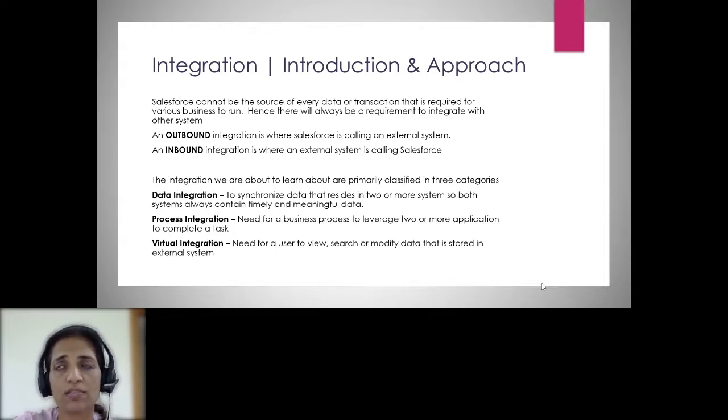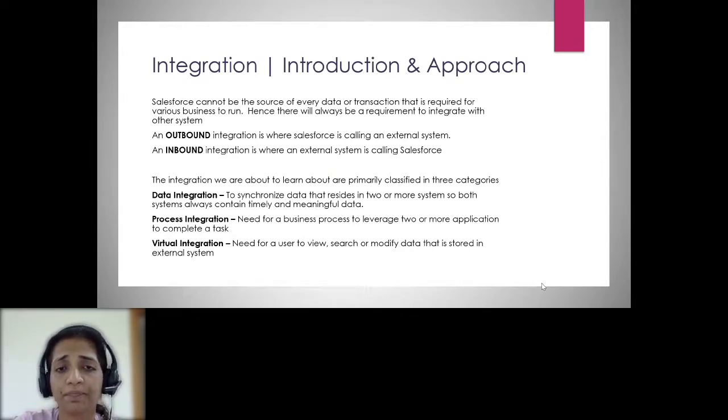I'll be using these terms a lot in the next one hour, and whenever you interact with your fellow technical architects, business, or developers, these are the terminologies that you should prefer to use to communicate the message. So, outbound integration is when Salesforce is calling an external system, and inbound integration is where an external system is calling into Salesforce.